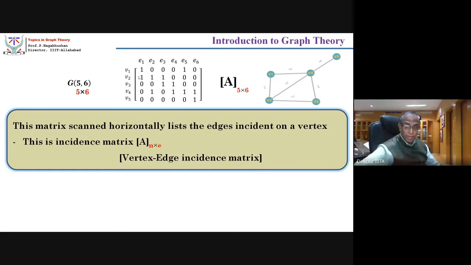This horizontal scanning gives me the edges which are incident on a particular vertex. Every horizontal scan represents the incidence of edges on a vertex. So this matrix scanned horizontally lists the edges incident on a vertex. Therefore, it is called an incidence matrix.